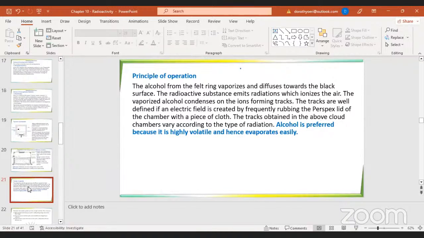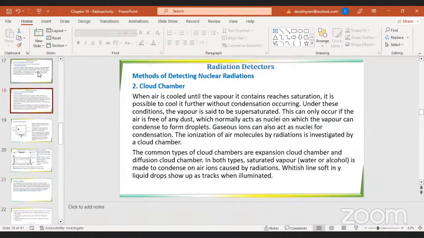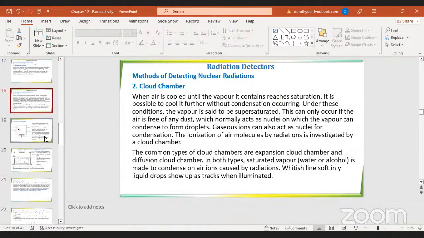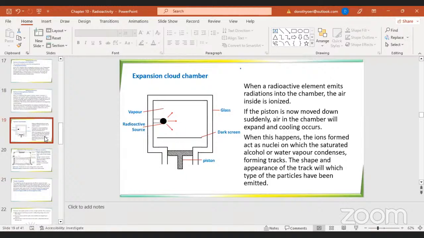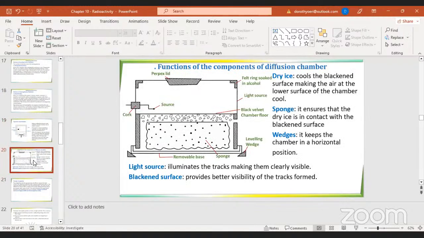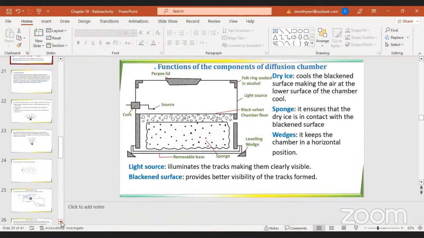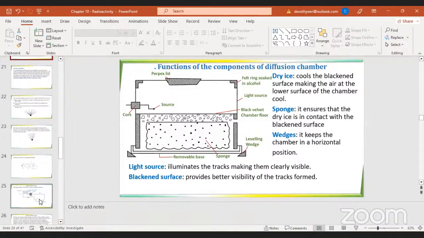Any question up to there? So we have done the photographic detector and the cloud chamber. Under the cloud chamber, there are two: expansion cloud chamber and the diffusion cloud chamber. The remaining is the GM tube, which you will do in class.